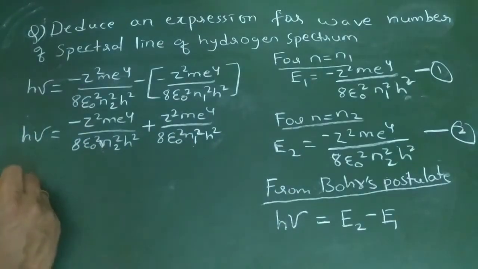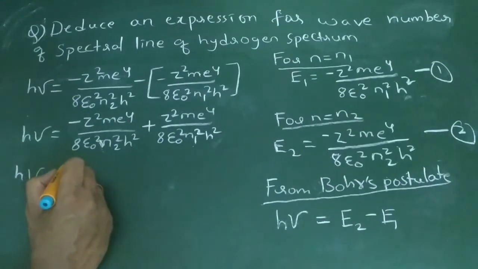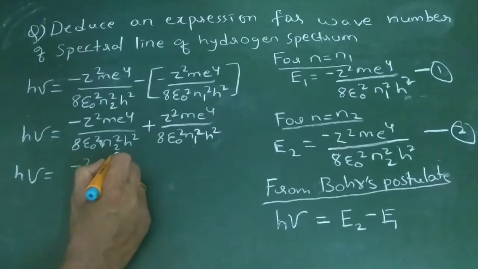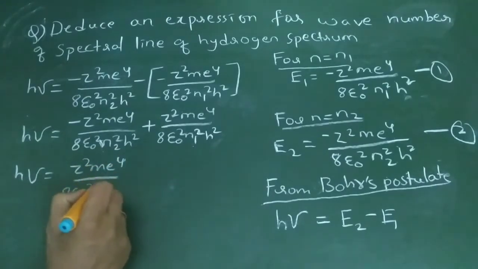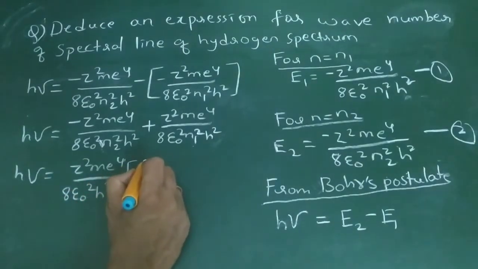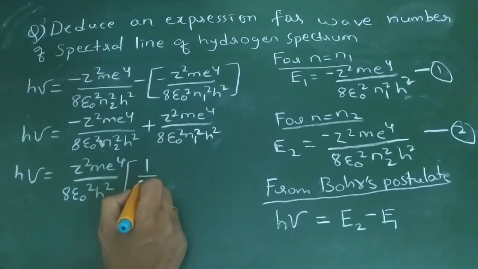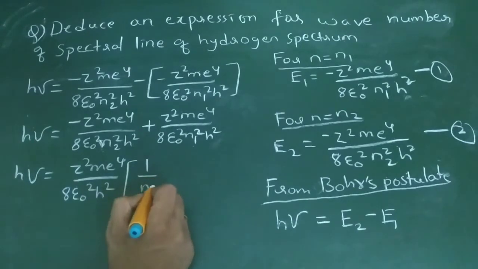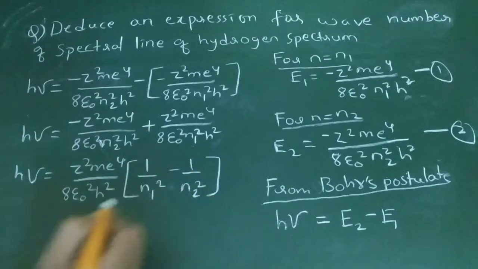So I can write h into mu as z square m e to the power of 4 divided by 8 epsilon naught square h square into 1 by n1 square minus 1 by n2 square. Are you getting that?